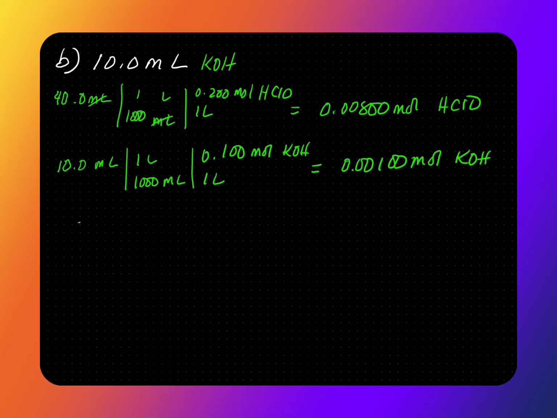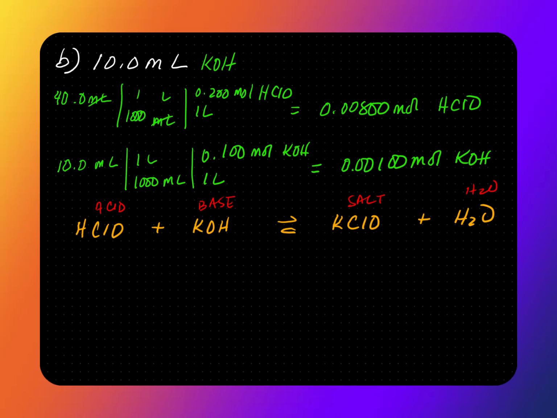Since we are doing before and after, we need to write the acid-base neutralization. The acid is HClO plus the base, which is KOH. This is going to yield a salt, KClO, plus H2O. Your HClO is your acid. This is your base. This is your salt. And this is your water. This is a double replacement reaction, so the H and the K replaced each other.